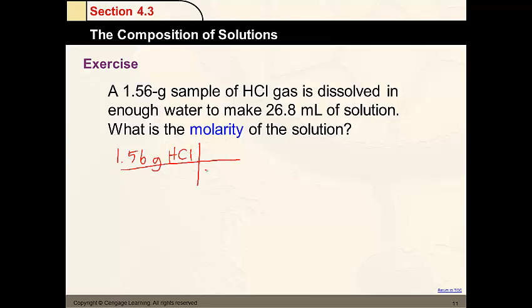HCl is 36.5 grams per 1 mole. And once we have the number of moles here, we'll divide by the total volume of the solution. So this has to be in liters.